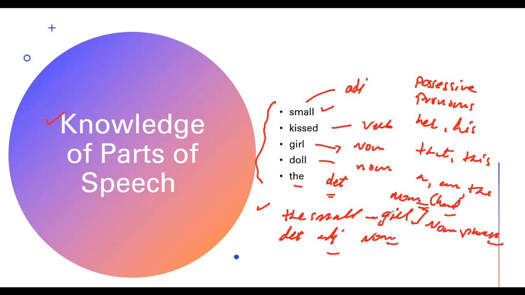So this is a noun phrase, and we can see that the order is that we have determiner, we have adjective, and then we have a noun. So if I put it this way, that noun phrase has a determiner, it has an adjective also, and the most important is it's got a noun.